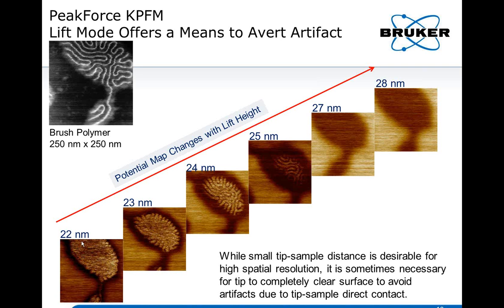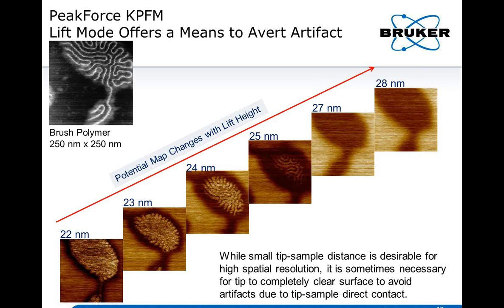The lift height starts from 22 nanometers, and we see some contrast, and we change the lift height 1 nanometer by 1 nanometer, and you can see the difference in the potential map. At 23 nanometers, you see the chain is actually getting more clear, and at 24 nanometers, you see a very good potential contrast. At 25 nanometers, you still see something. However, when you increase by another 2 nanometers, the contrast is gone.